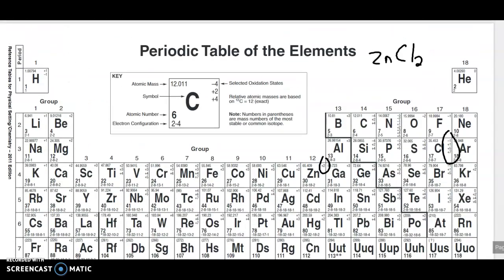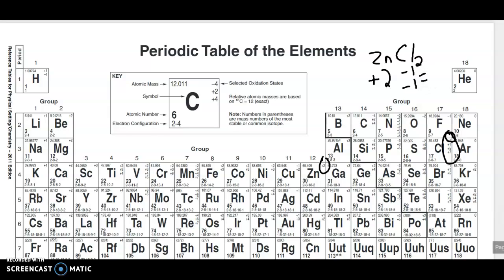And going back up, zinc really likes to be +2. That's its favorite oxidation state. And while you can't be certain that it won't be another oxidation state, it works out having each chlorine be -1, which is chlorine's favorite oxidation state.